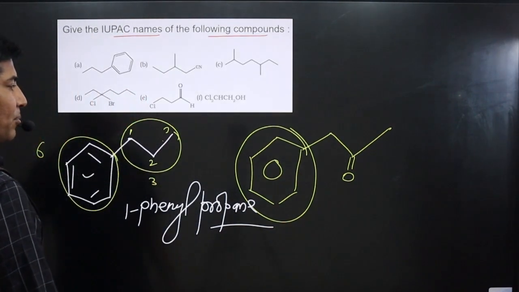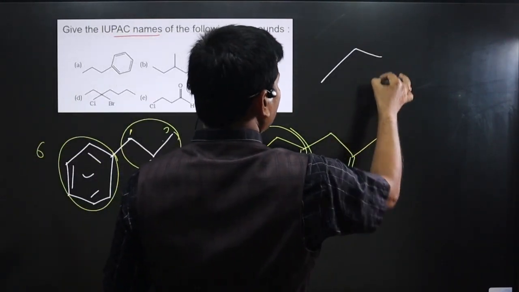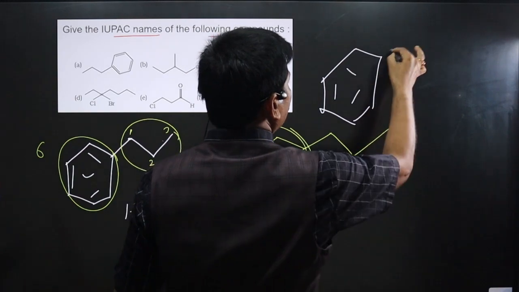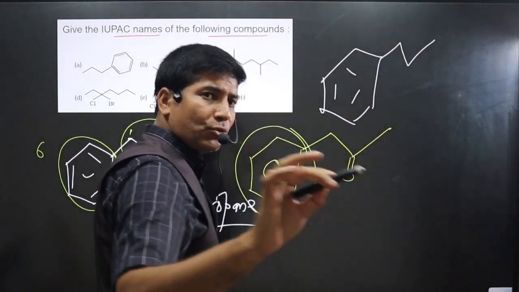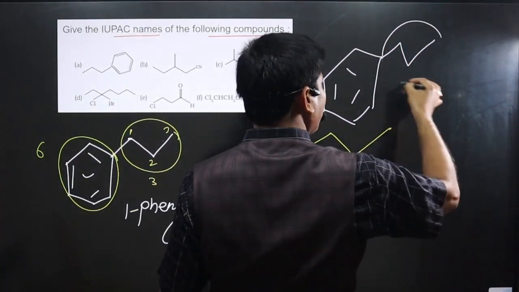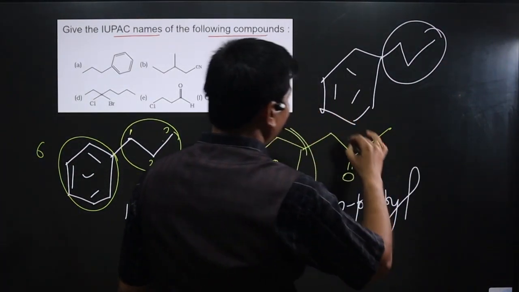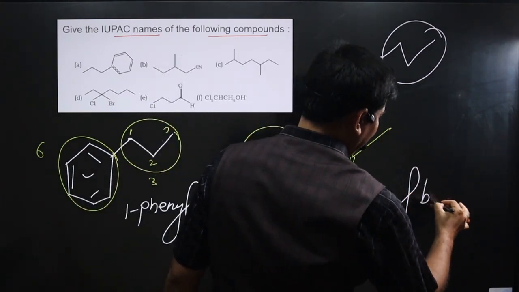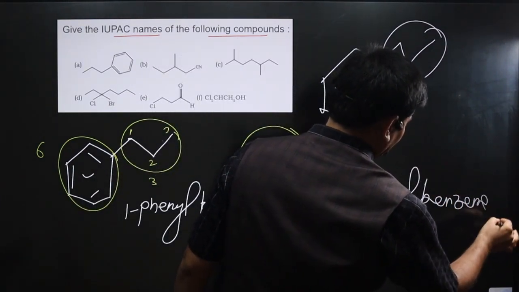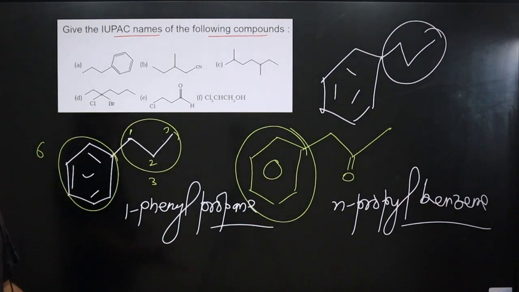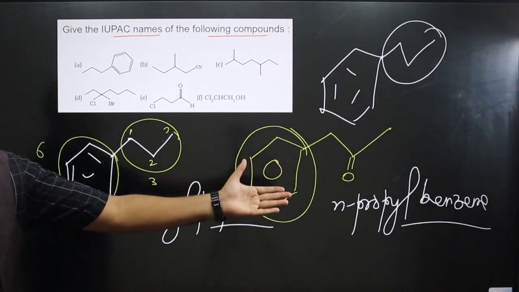In general, the rules which we have learned, the name of this compound is supposed to be: we have the benzene ring, and you can see this is a straight chain, there is no branching. If the straight chain is there, we mention n-propyl, and this is the parent chain, we have benzene. This name is also there in the reference books.